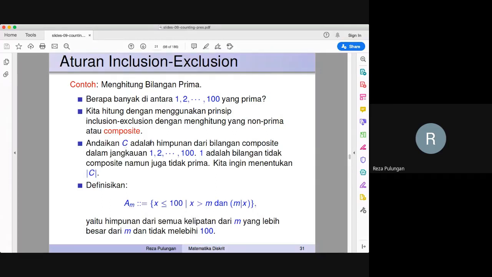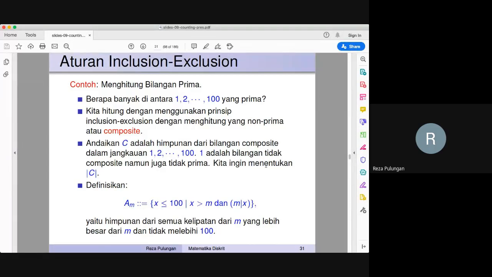Let C be the set of all composites from 1 until 100. 1 is actually a very special number. It is not composite, but it is also not prime. Let's talk about this later.